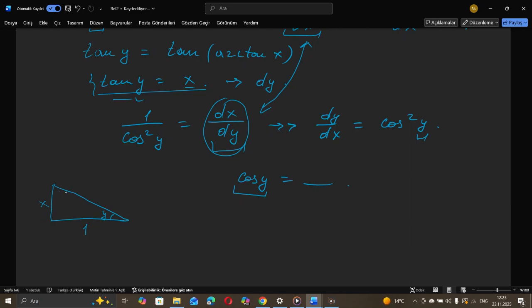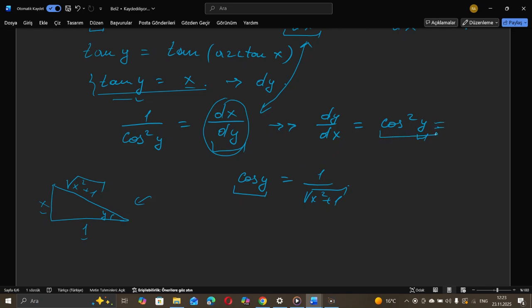We can find the hypotenuse using the Pythagorean theorem: the square root of x squared plus 1. Let's find cosine y using this triangle. So the adjacent side is 1 divided by our hypotenuse, the square root of x squared plus 1. So we found our cosine y here, but we want its squared version, right?